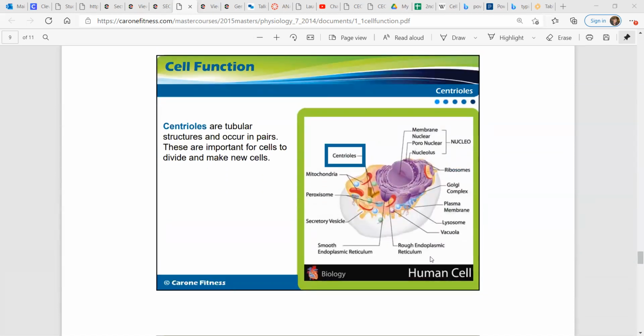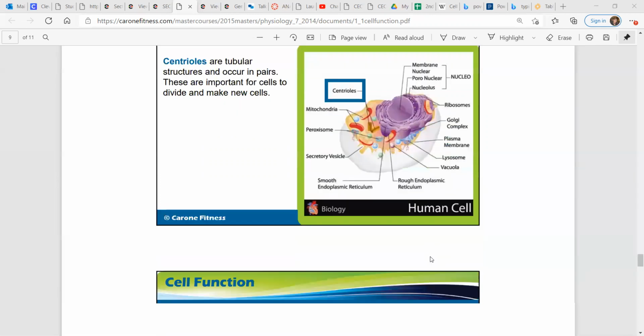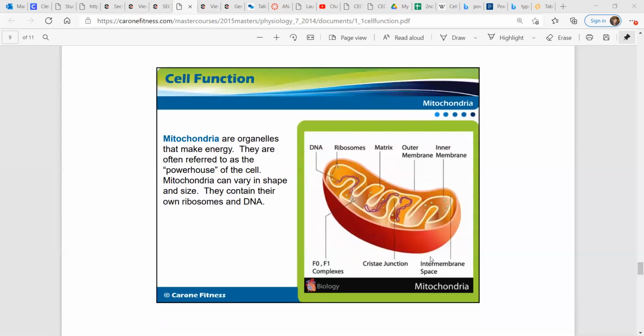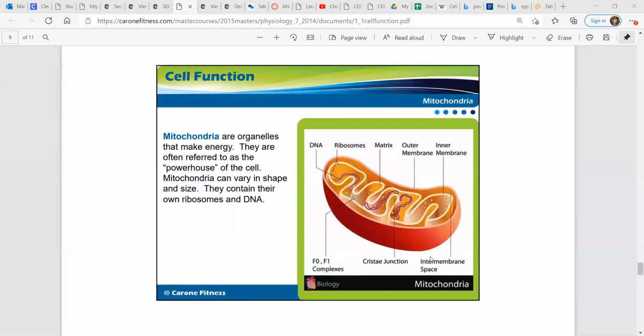Centrioles are tubular structures and occur in pairs. These are important for cells to divide and make new cells. Mitochondria are organelles that make energy. There's a meme about them. They are referred to as the powerhouse of the cell.